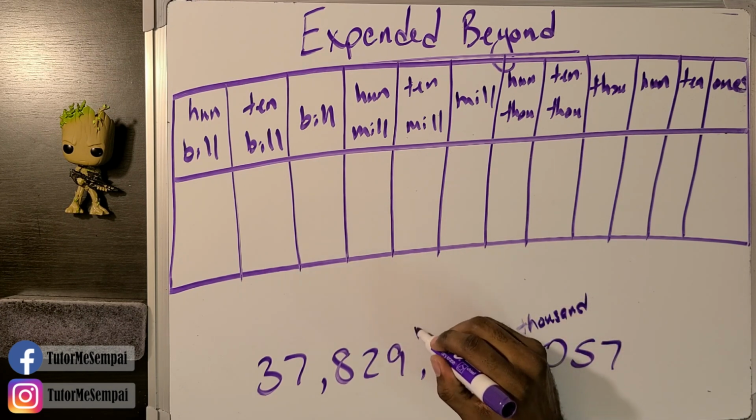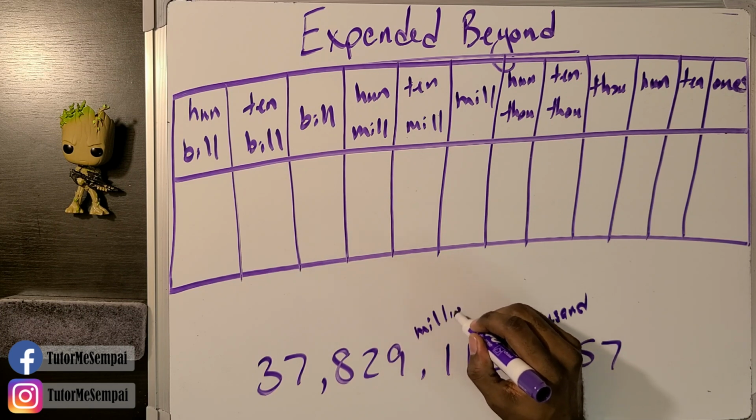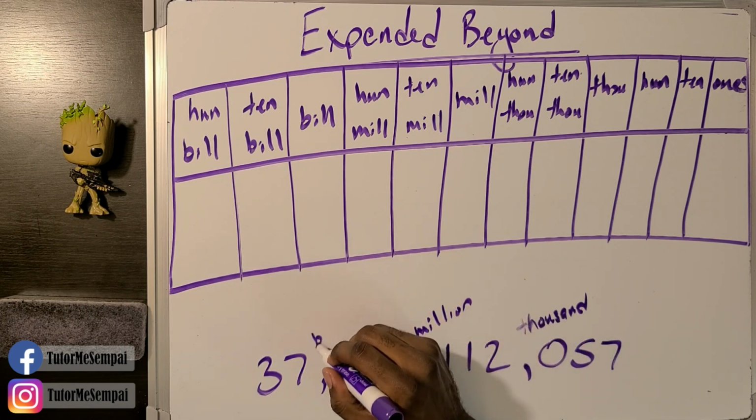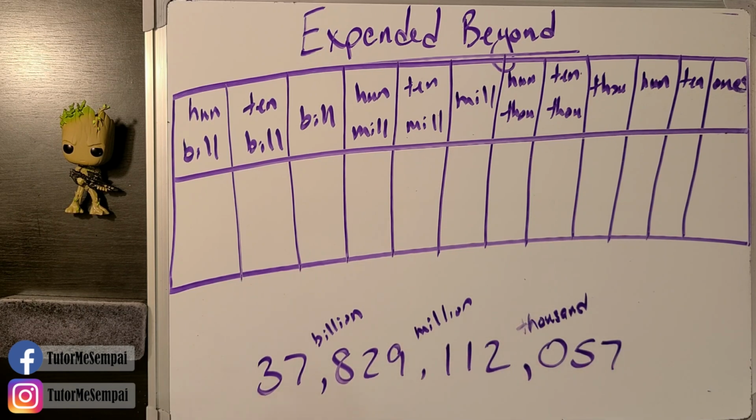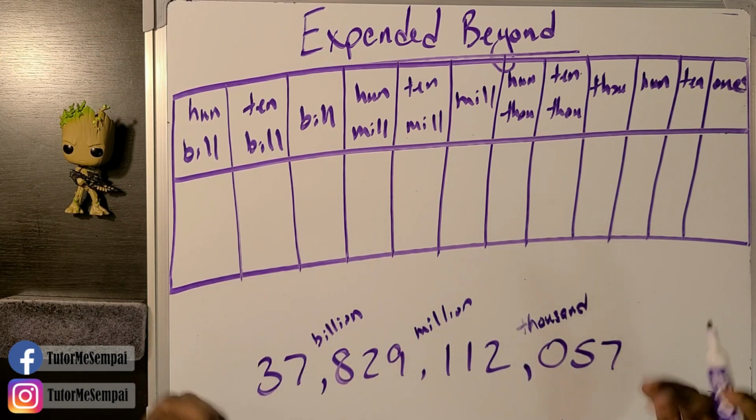This is the million comma. And this is the billion comma. So if you were to read this, you would say 37,829,112,057.